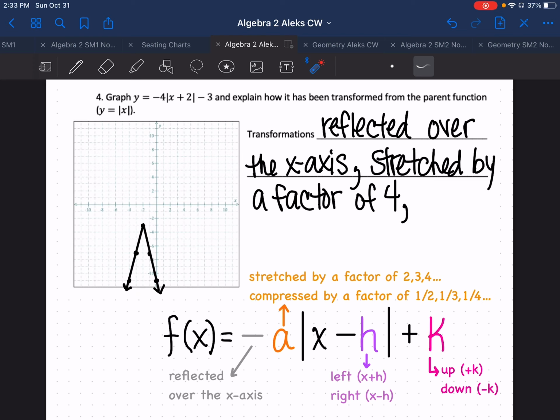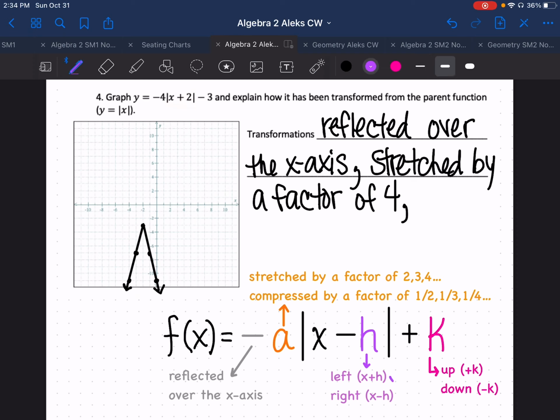Now, when you guys see yours, you're either going to have this one or you are going to have that one. So be very careful. Watch where your number is. If your number is inside the absolute value, then it is H, and you're going to write moving left or right. Notice if it's plus H, it's left. If it's minus H, it's right. So let's take a look. Mine says plus 2, so I'm going to pick this one.